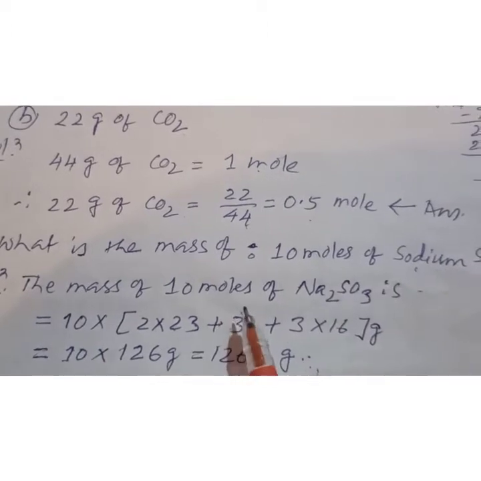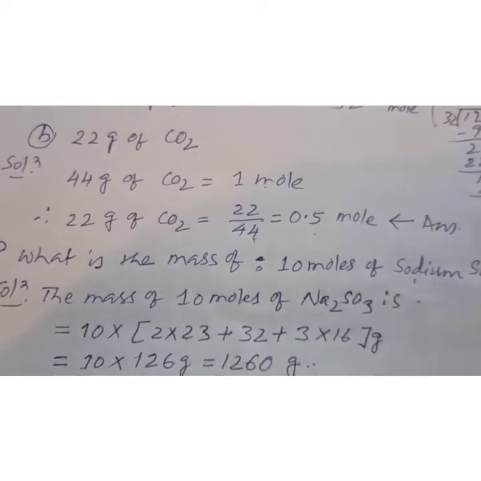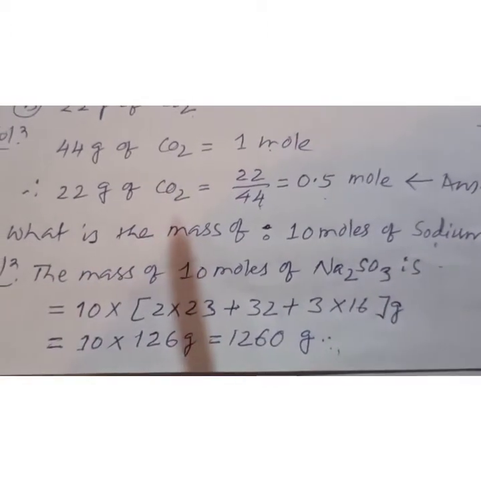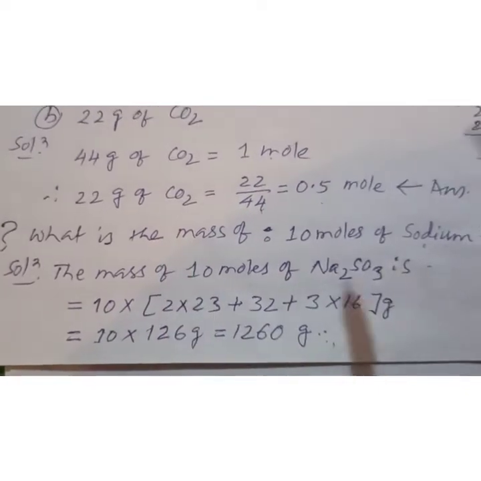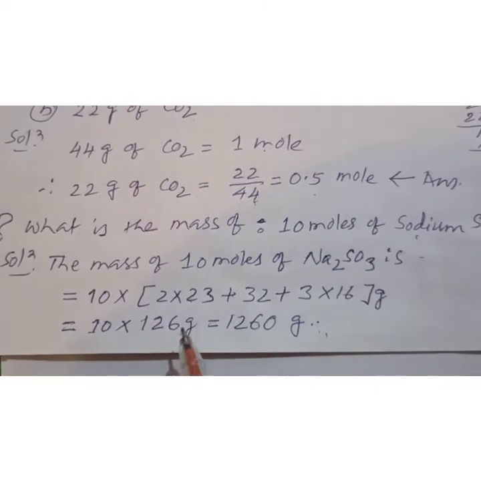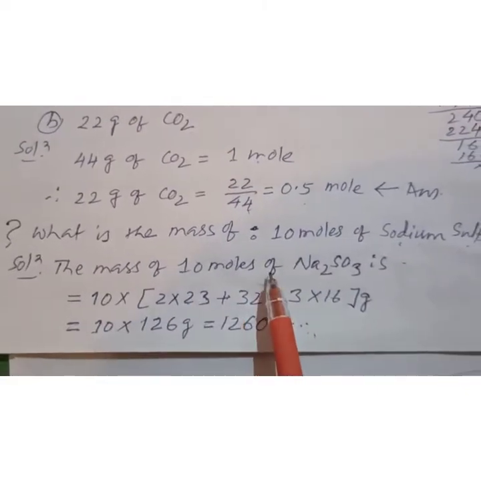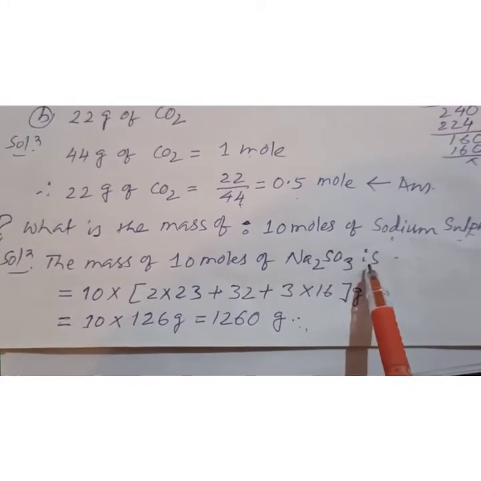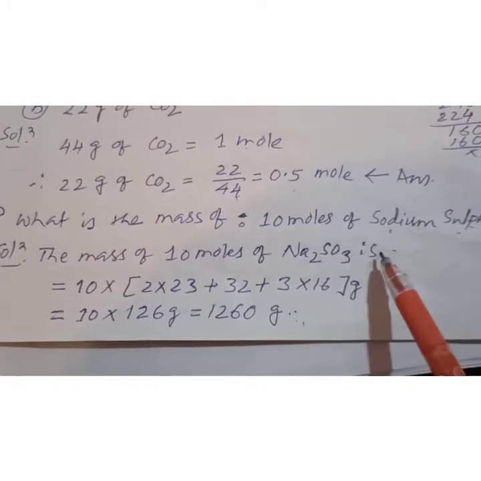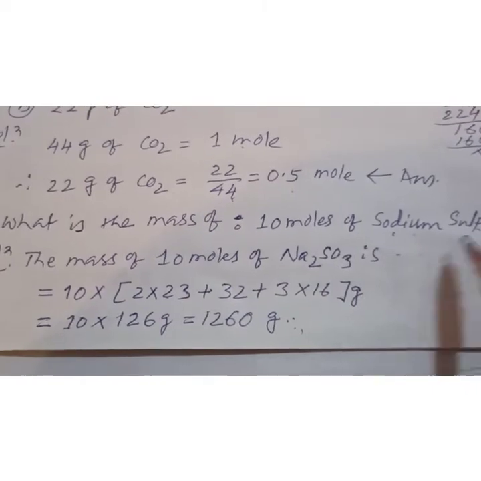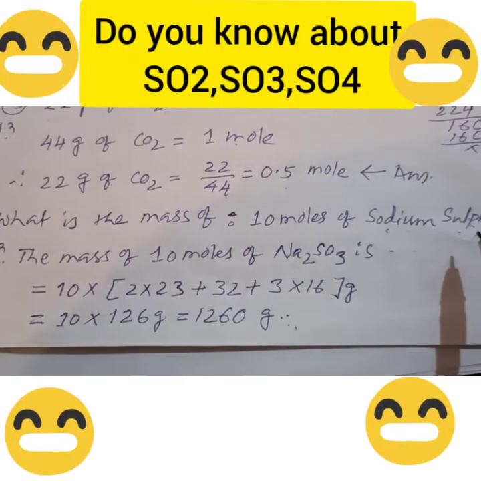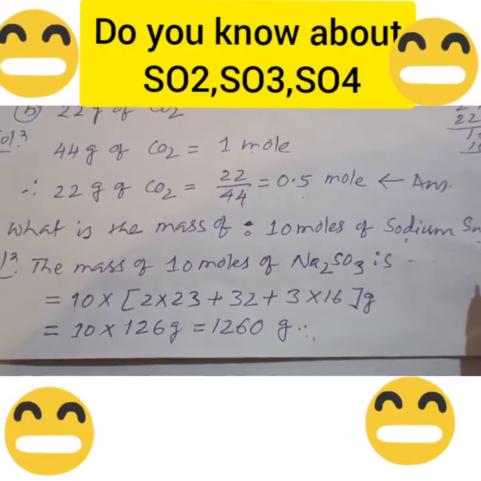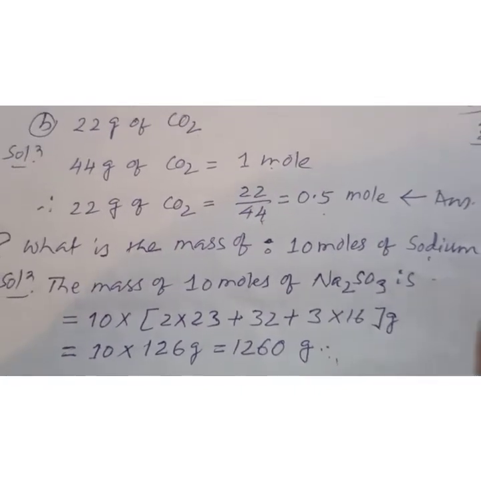Write the solution. Don't forget to write solution in each and every question in case of a mathematical problem. The mass of 10 moles of sodium sulfite, sulfite not sulfate. If sulfate it is SO4, if sulfite it is SO3, if sulfur dioxide then SO2. Yes, that is the difference.